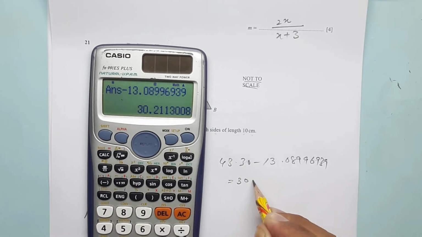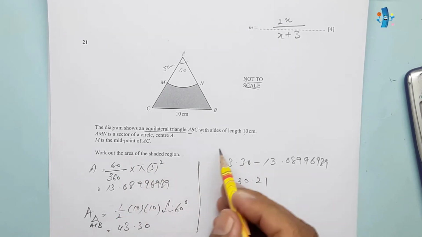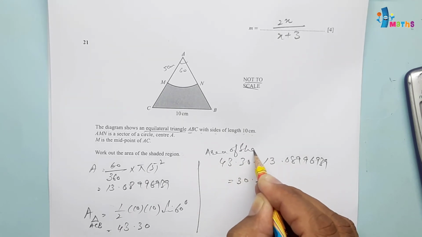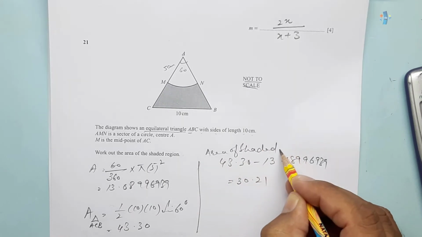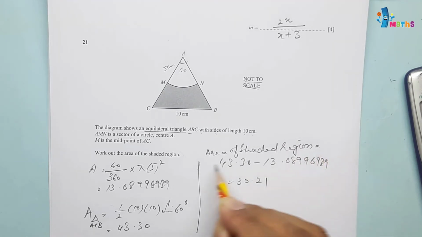So the answer will be 30.21. Because they are asking for the area of the shaded region, we can write here: area of shaded region is equal to this one.